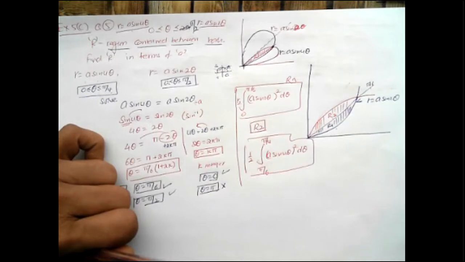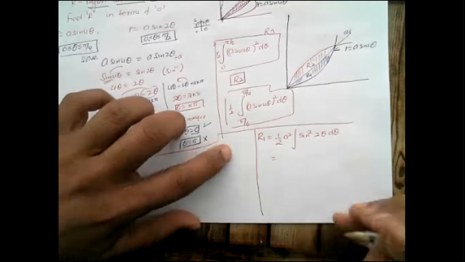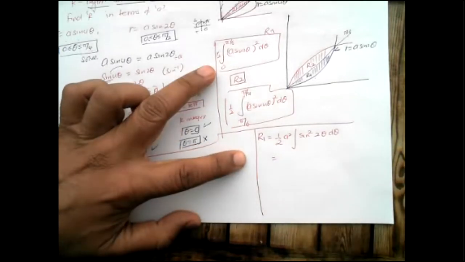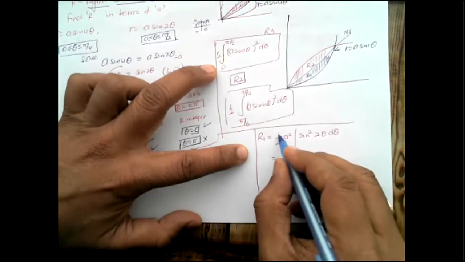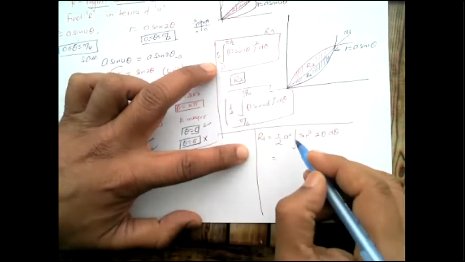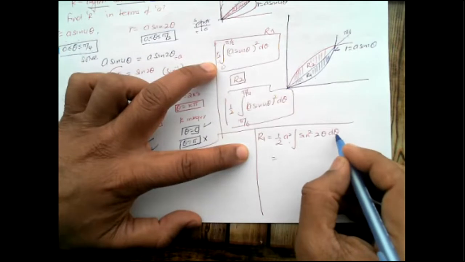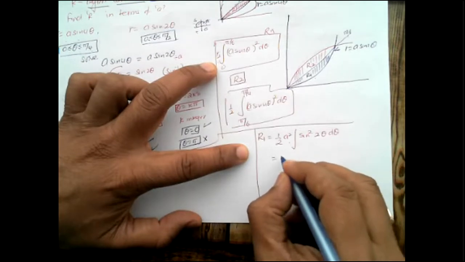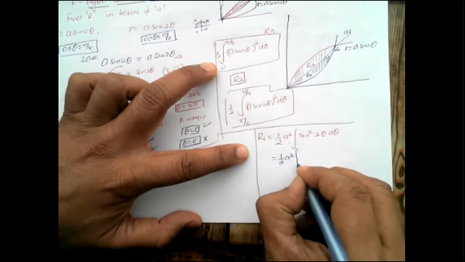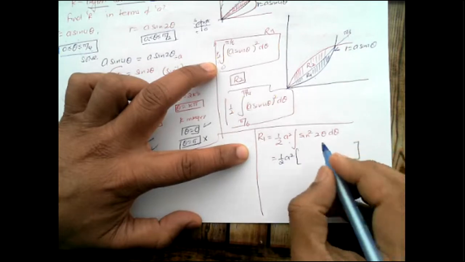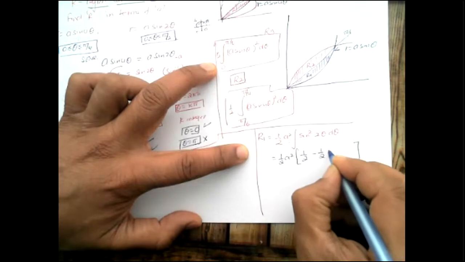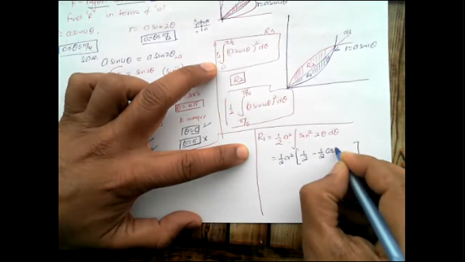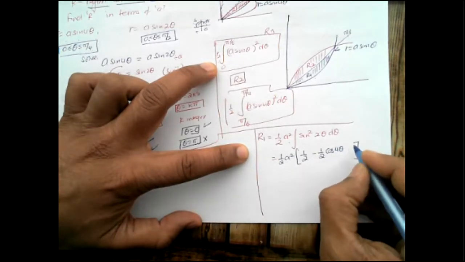So the integrals now, people. Let's do this in parts. I'm working on R1 first, the bottom blue region. This is half a squared sine squared 2 theta d theta. I use my cos double angle formula, which gives half a squared times half minus half cos 4 theta.